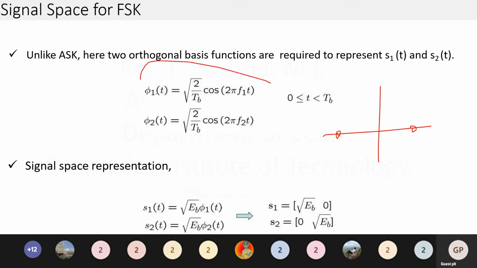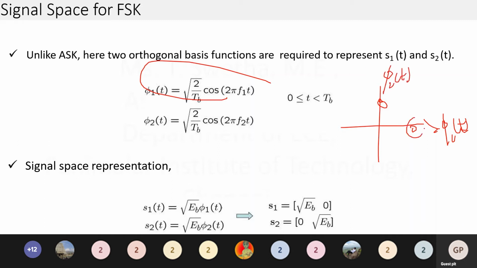Logic 1 will be placed in phi 1 of t and phi 2 of t will be placed here. Sorry, you are not supposed to place the data there. Just a minute, I'll erase it. So the constellation diagram for BFSK will be just like this. The x-axis is phi 1 of t and the y-axis is phi 2 of t.